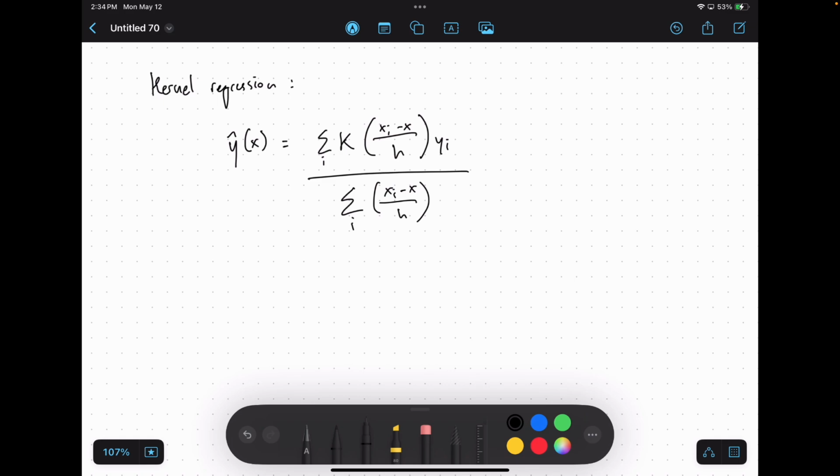So the H is known as the bandwidth. And this K is our kernel function. Okay, and so what the heck are we talking about? Here's the concept.